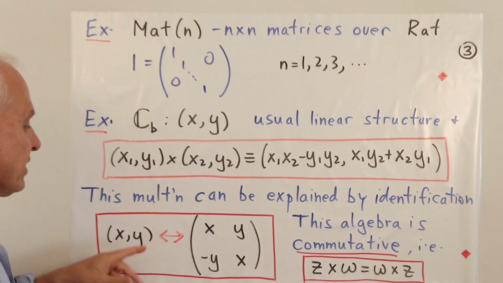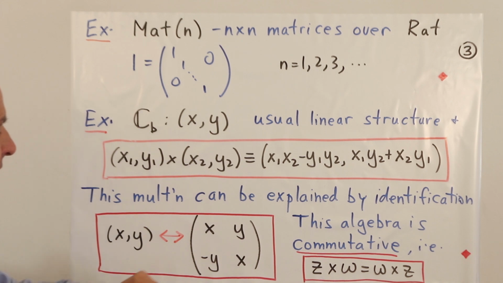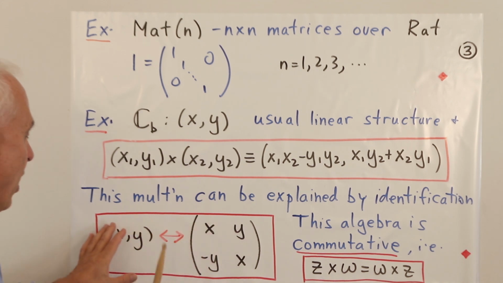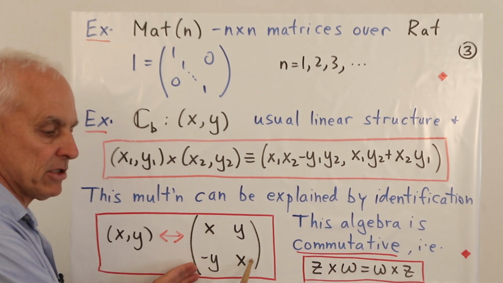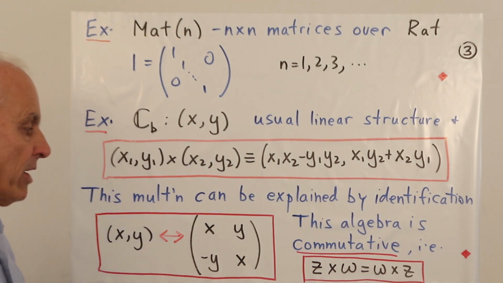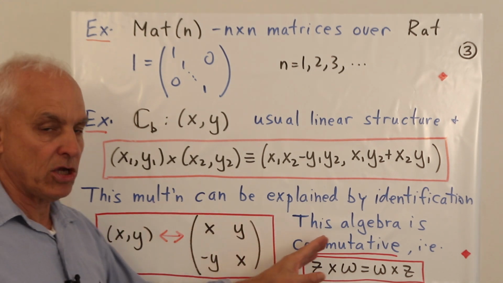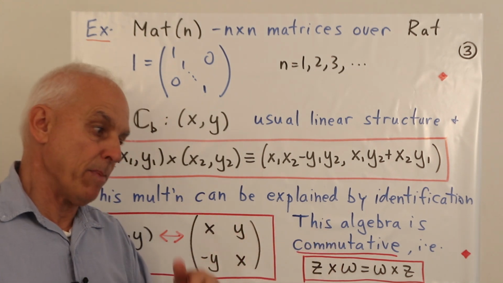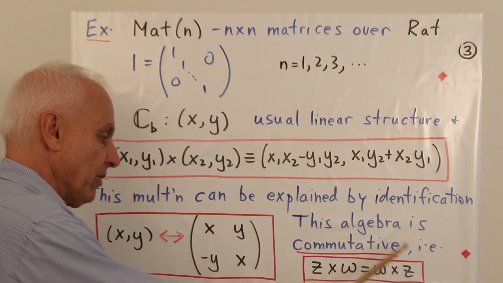So x, y is associated to the matrix x, y; minus y, x, and then the multiplication defined up here corresponds to the multiplication for the corresponding 2 by 2 matrices. And importantly, this algebra is commutative, so it obeys this additional law that, say, z times w equals w times z.